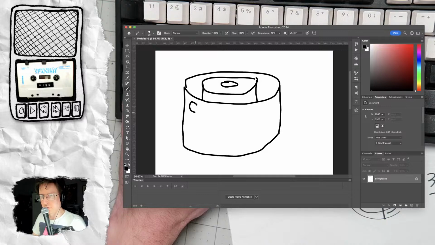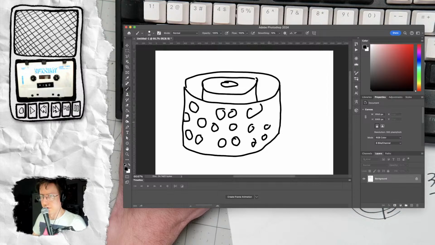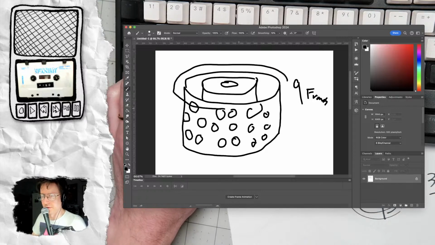And the animation in its current state is a bunch of circles. The time that it takes to animate one of these, the outermost, it will take 9 frames.